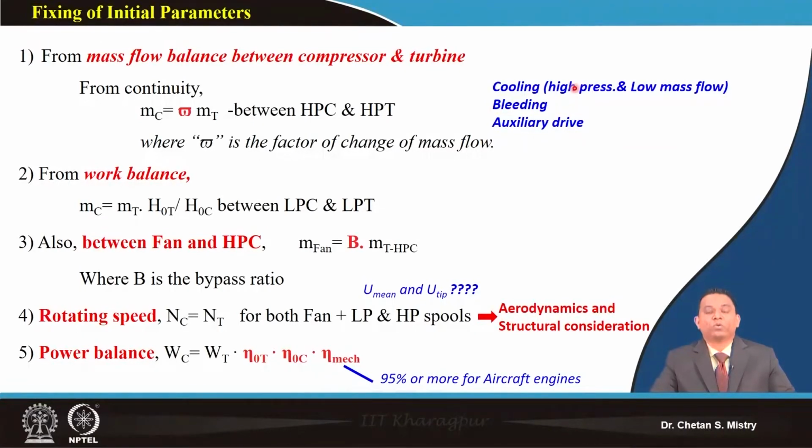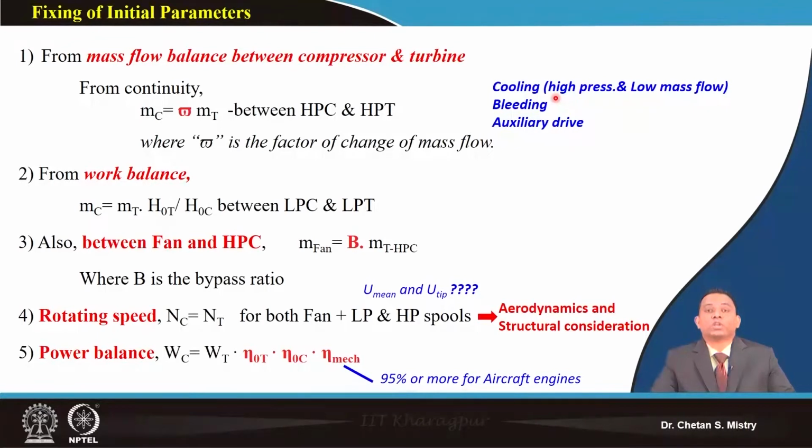Some of the applications are for driving auxiliary devices. We have many pneumatic systems, for example for the wing, where we look for movement of the wing for braking or lifting purposes. That requires compressed air. Sometimes landing gear actuation also uses this kind of mechanism.